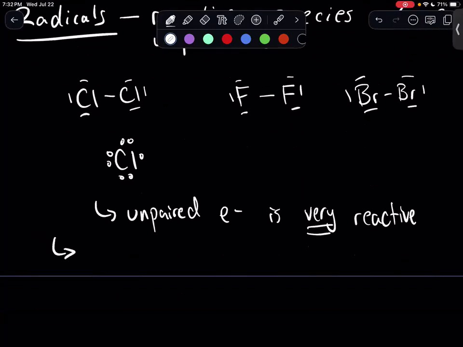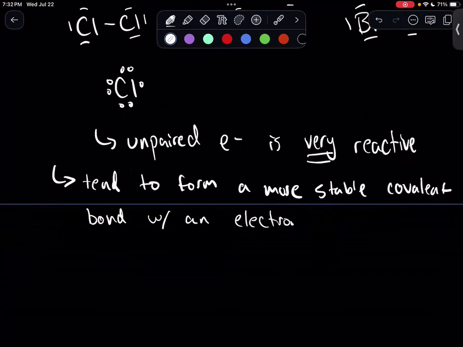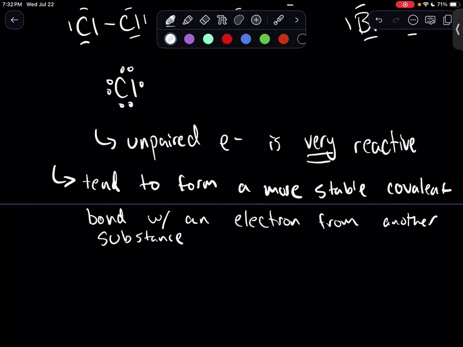What they try to do is they tend to form a more stable covalent bond with an electron from another substance. So they're just going to go ahead and try and pair up that electron by making these bonds.